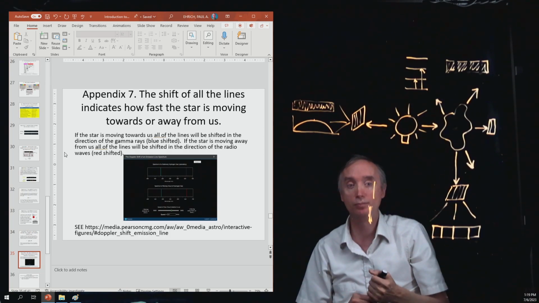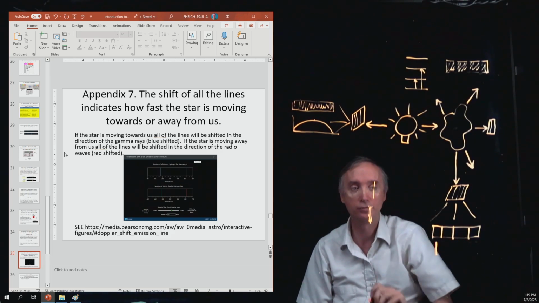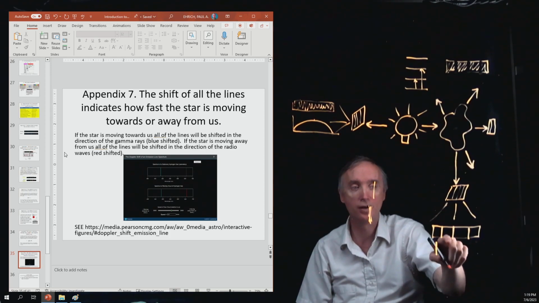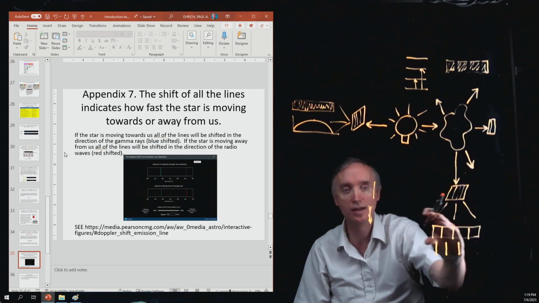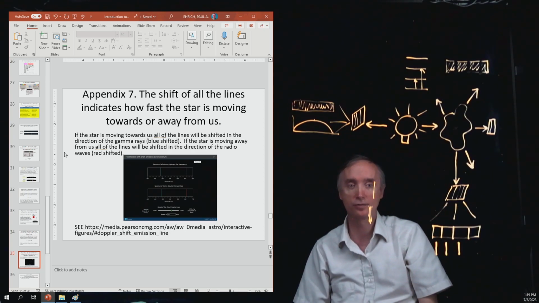So that means it's going to be blue shifted. So that means that this line goes over here somewhere. And then this line goes over here somewhere. And then this line goes over here somewhere. So they're all shifted the same amount towards the blue end of the spectrum.